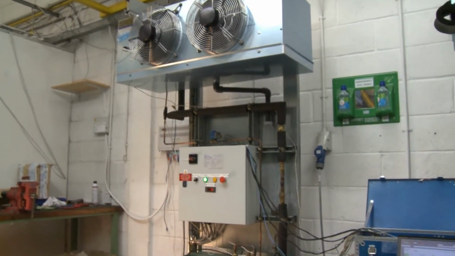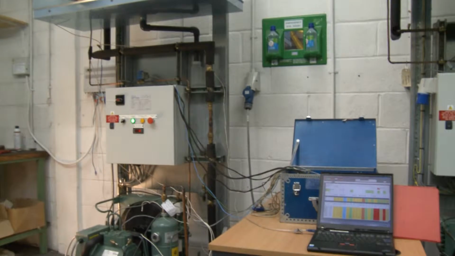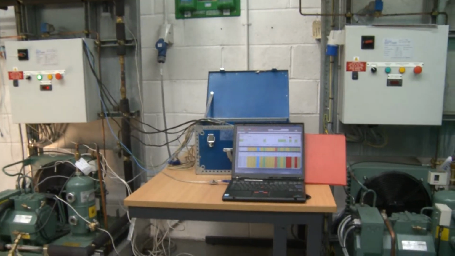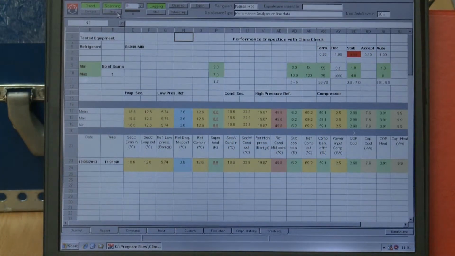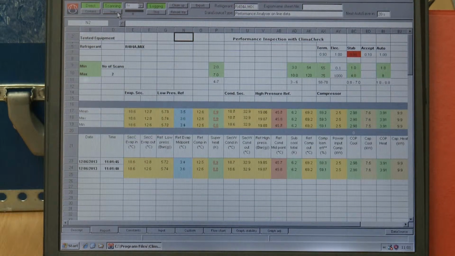Okay, we've got the unit running now. So all we need to do is start the climate checker recording some of the data. So we just start logging some of that data. And in this instance, we're logging data around about every 5 seconds.